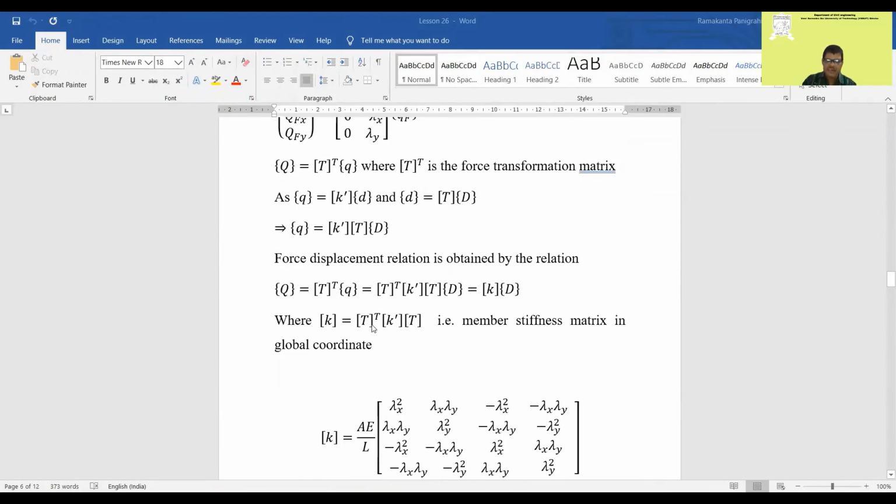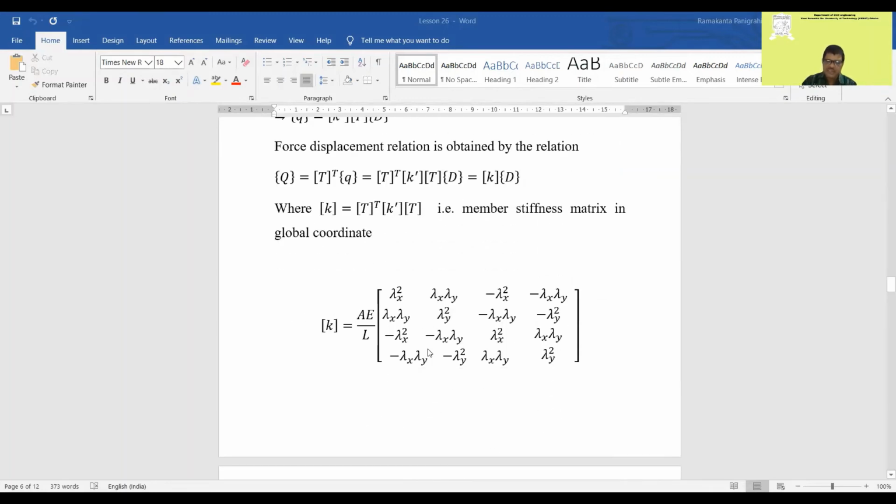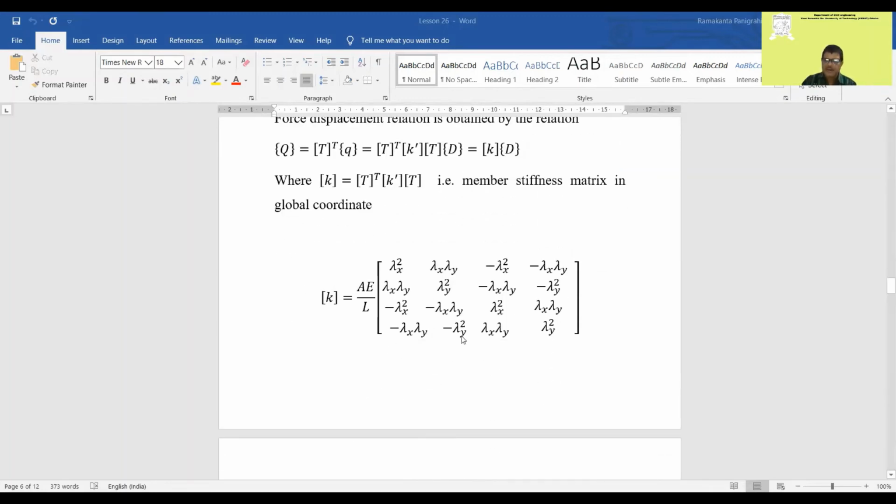It is nothing but T transpose K dash T. What is the T matrix? Lambda x, lambda y, 0, 0; 0, 0, lambda x, lambda y. What is the T transpose? This is the column matrix. Now if you multiply all these things, this becomes your K matrix. The K matrix in the local axis was AE by L times 1 minus 1, minus 1 1. In the global it will be a 4 by 4 matrix. They will multiply by this. So it is a symmetrical matrix, you see.